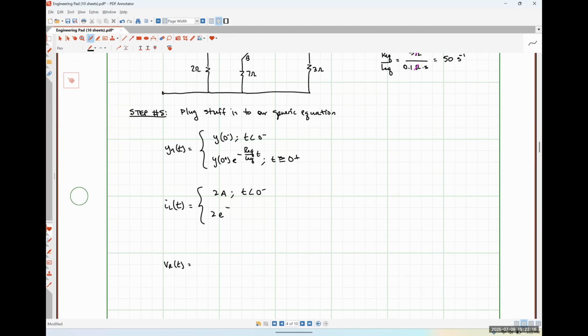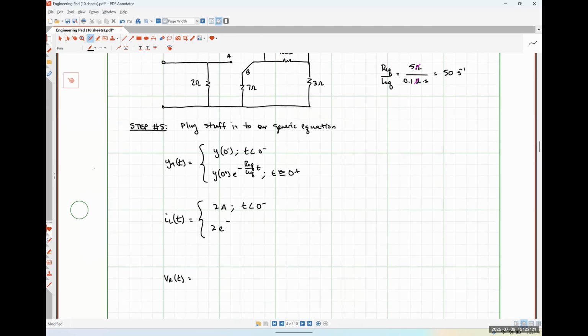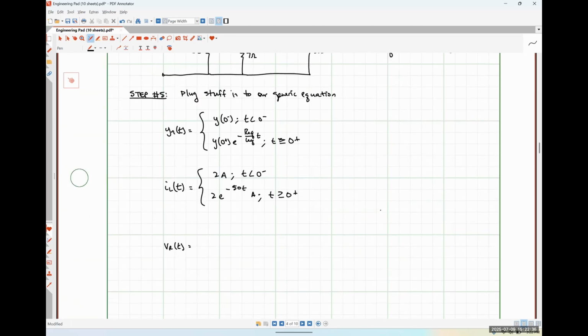E to the negative. What's REQ over LEQ? 50 per second. So e to the negative 50t amps for t greater than or equal to 0 plus. So there's my answer for IL of t. For VR of t, what was the voltage drop across our resistor at t is equal to 0 minus? Zero.